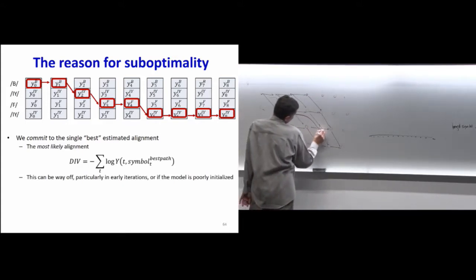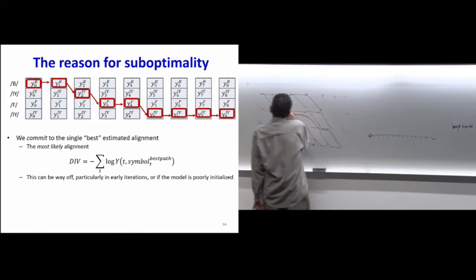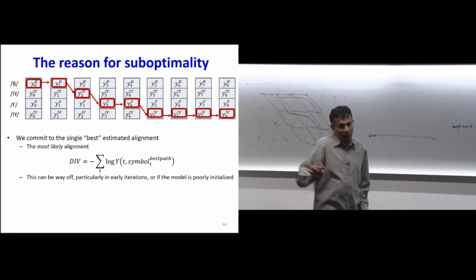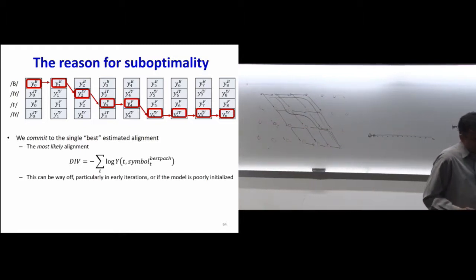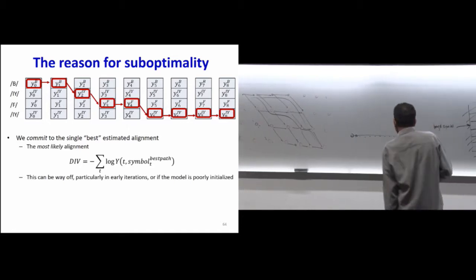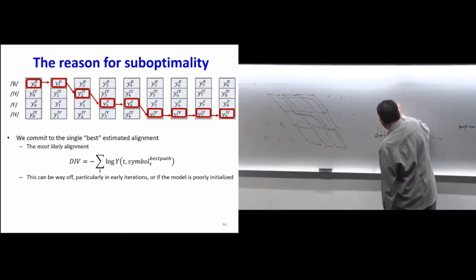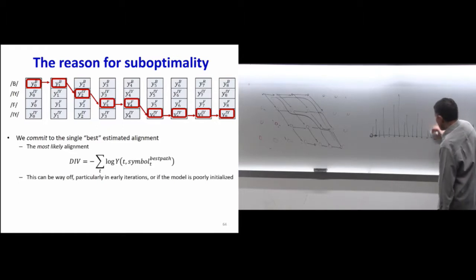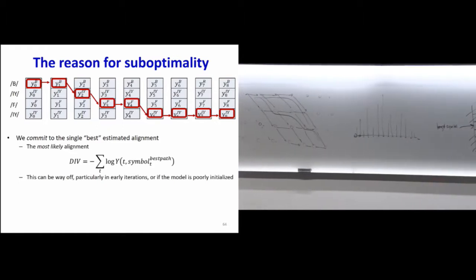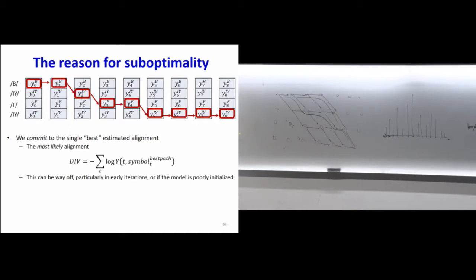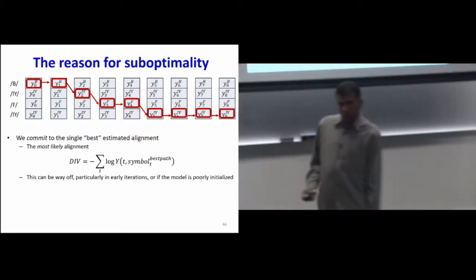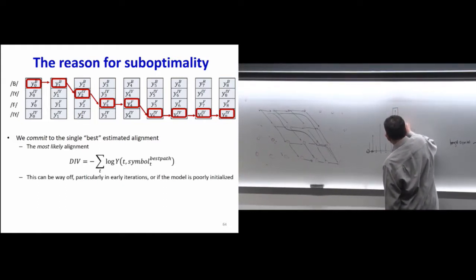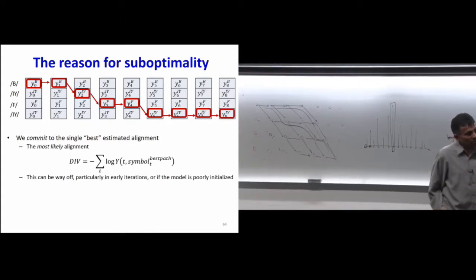Let me represent symbolically every path through the graph as one point on my graph. Okay? So then for each path you're going to have some probability, whatever the probability may be. Right? And what did we actually do when we chose our alignment? We chose the most likely path, the one with the highest probability.